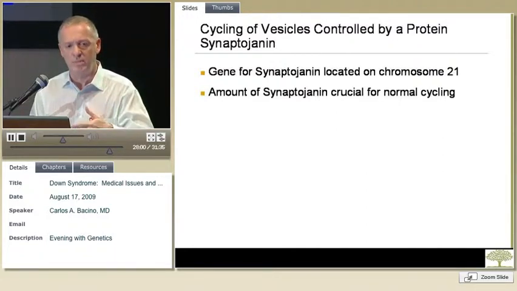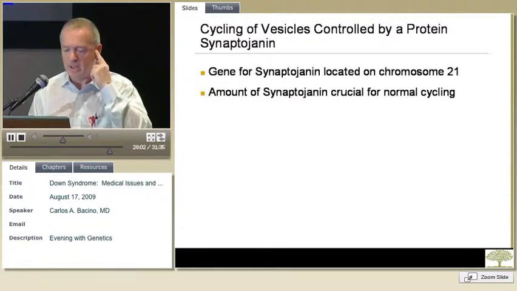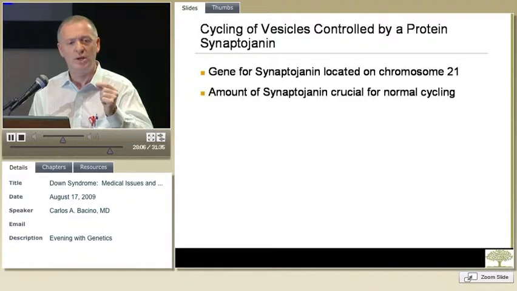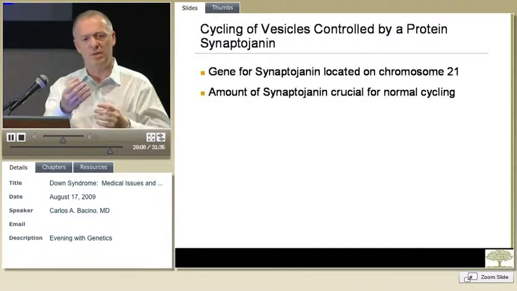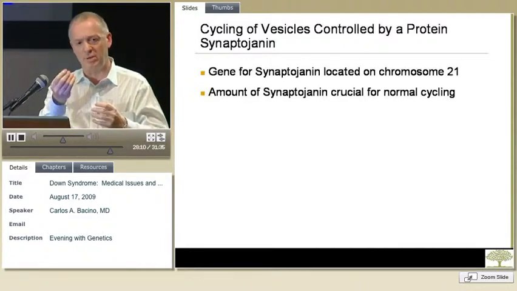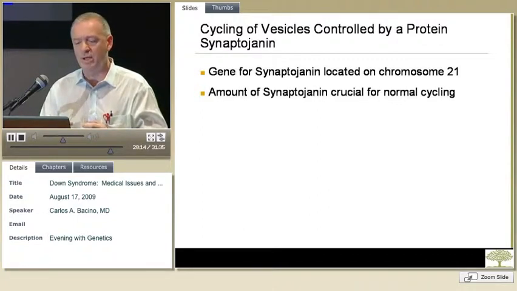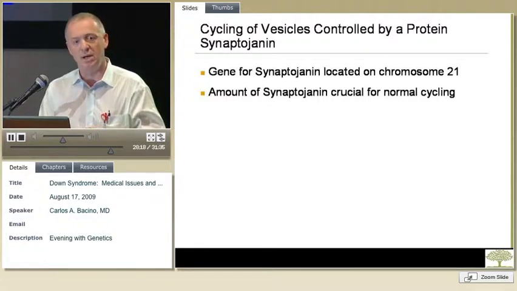And this is, for example, a biochemical compound that is very critical for normal cycling of these biochemical elements, in this particular case acetylcholine, which is one of the biochemical compounds that is being put out in the neuron.